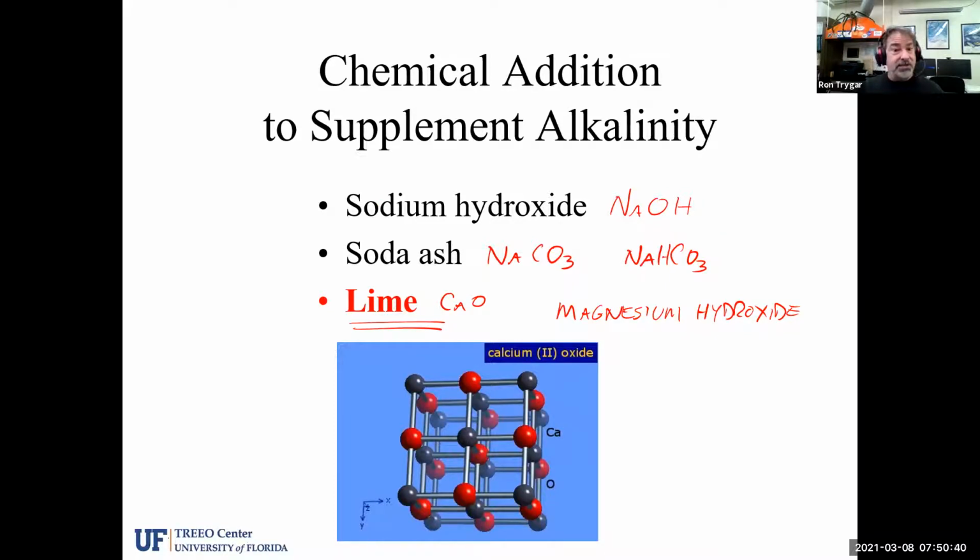But again, this depends on what chemicals you have and what is available to you and what you would rather deal with. But by far, lime is the more common chemical to use, and you see it written in red there to express that lime is a good one because of the available hydroxide alkalinity and the calcium that adds a little bit of a buffer for the wastewater.